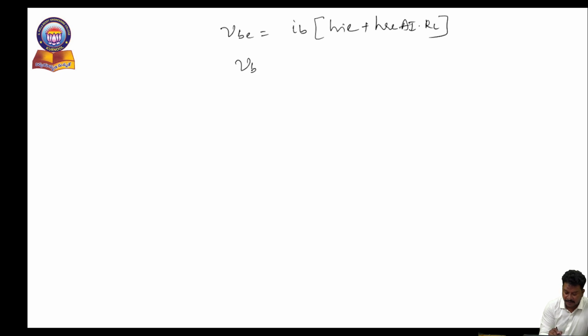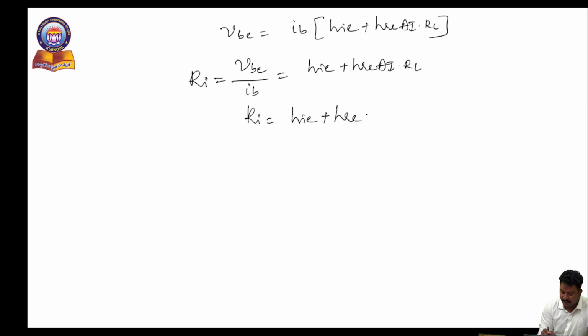Taking the ratio by sending IB to the left-hand side, we get HIE plus HRE AI into RL. This is the input resistance or input impedance of the amplifier.